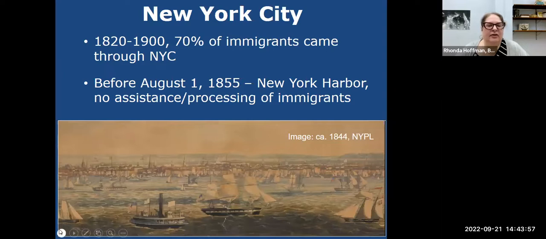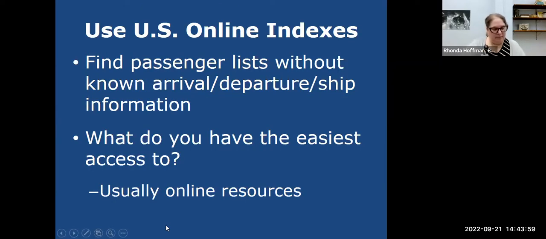So if you don't know when your ancestor came, then usually what you're going to do is use the information that is the easiest available to you. And usually that's online resources.